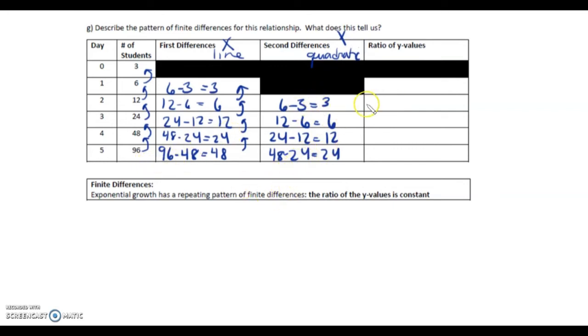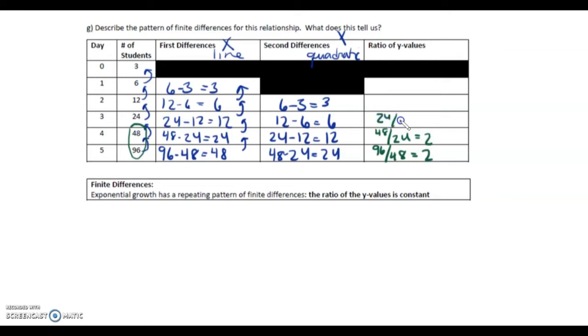What we have is ratios. Okay, remember we're multiplying by 2 each time, so check this out. We're going to go up the y column, but this time we're going to divide. So what's 96 divided by 48? 2. What's 48 divided by 24? 2.